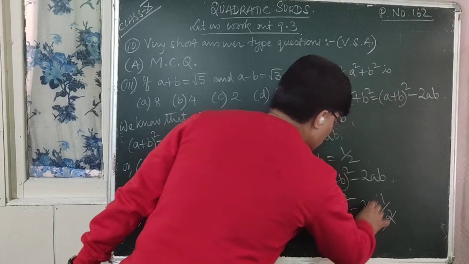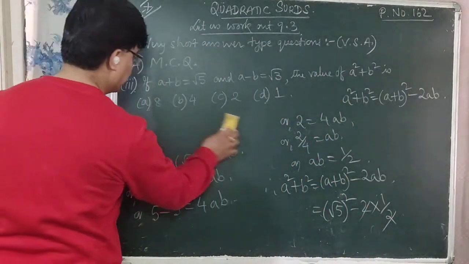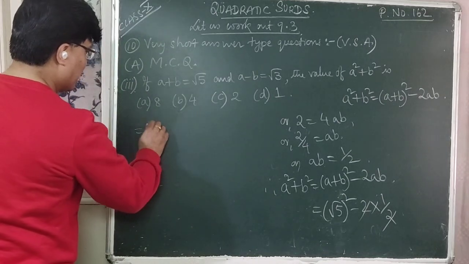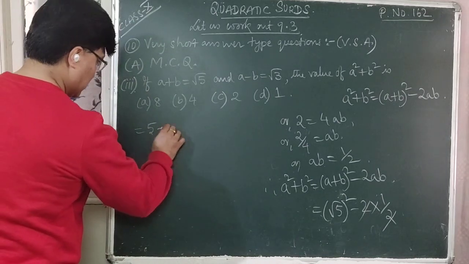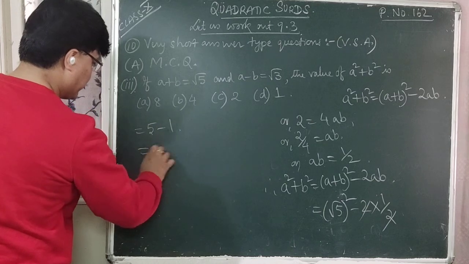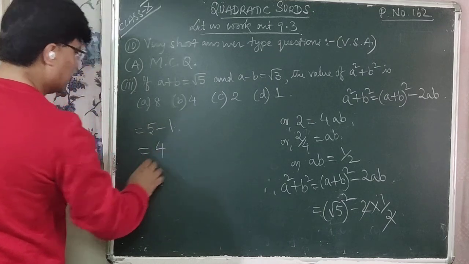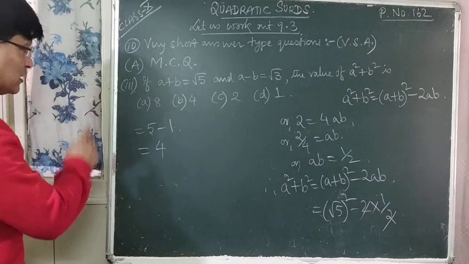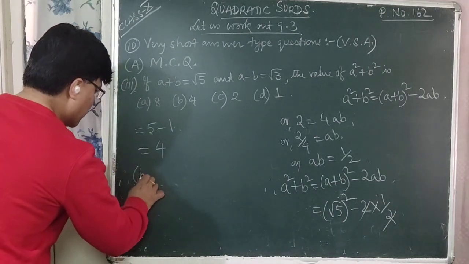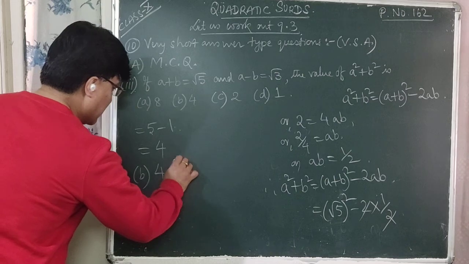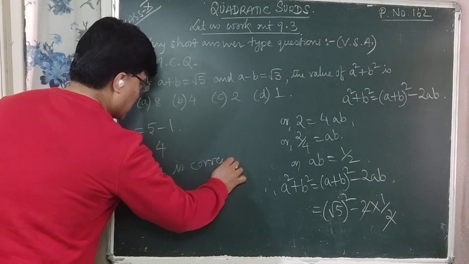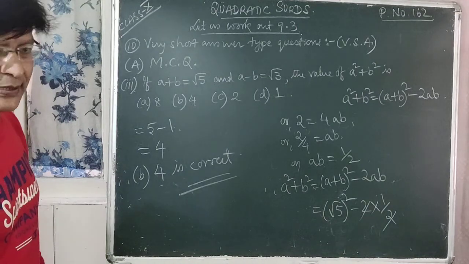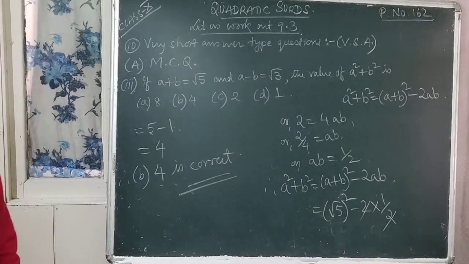So here 2 gets cancelled. Now, what is root 5 whole square? 5. Then that is minus 1. What is 5 minus 1? That is 4. So which is the correct option here? That is number B. Therefore number B, 4 is correct. Is that clear? Now we'll do the next question.